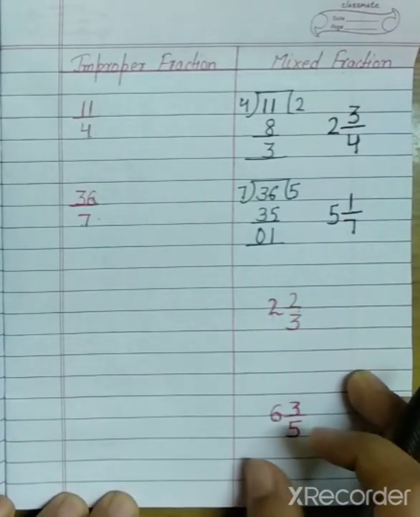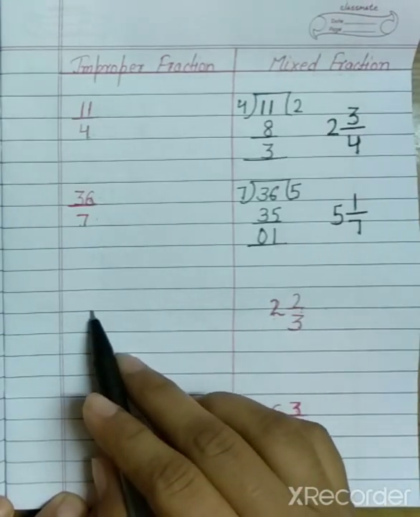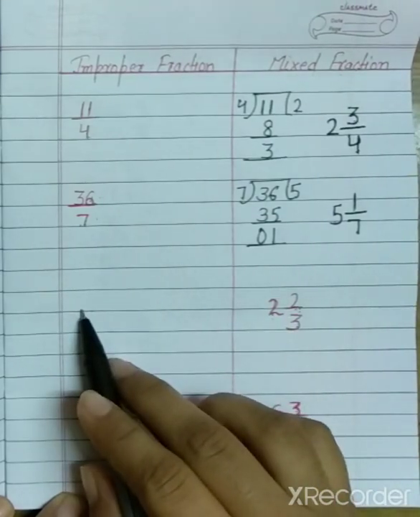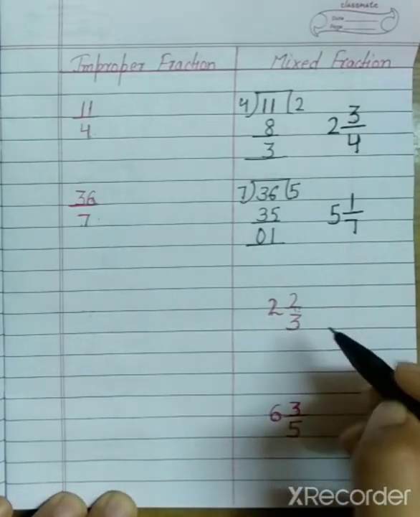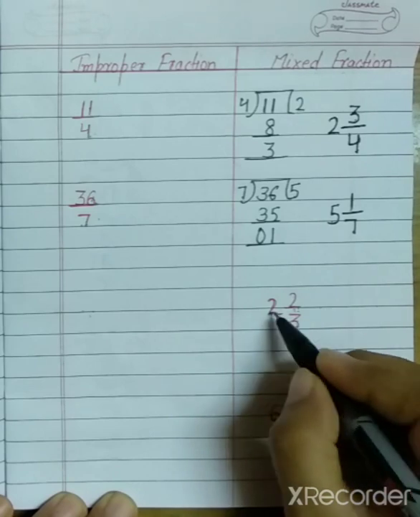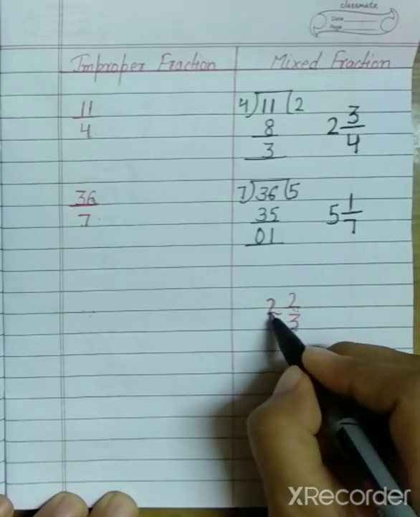Now next one: a mixed fraction is given and we have to convert it into improper fraction. How will we convert the mixed fraction into improper fraction? We will multiply the denominator by the whole number. 3 twos are 6.